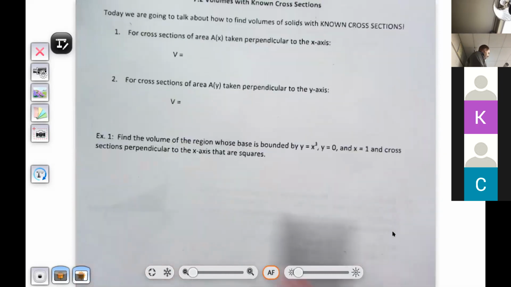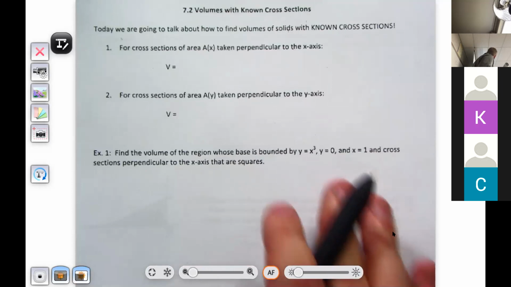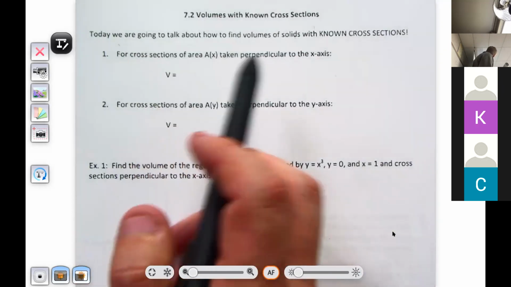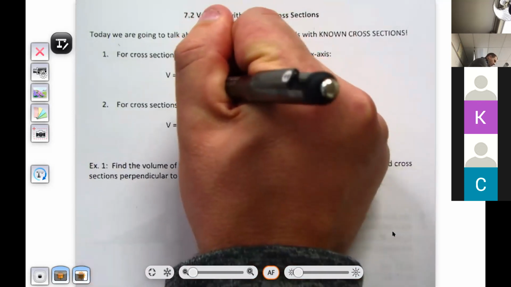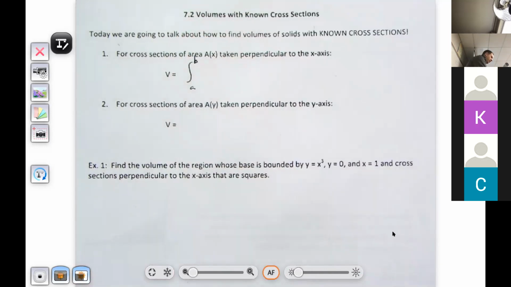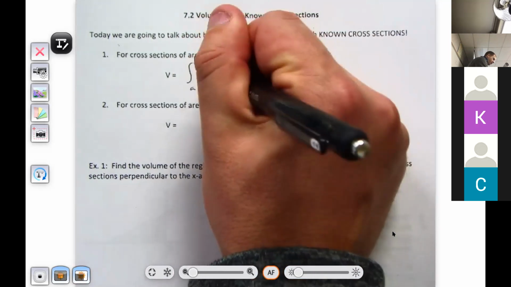If it's perpendicular to the x-axis, everything is in terms of x values. Your limits of integration are x's, your functions are in terms of x, and then if it's perpendicular to the y-axis, vice versa. So here's our formula. If we are doing cross sections perpendicular to the x-axis, we are going to integrate from a to b. And what we're going to do, instead of me putting A of x in here, I'm going to do it this way to start off with.